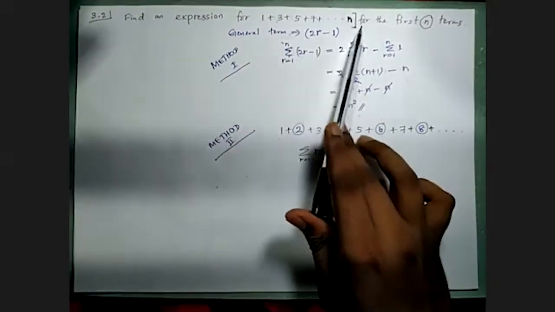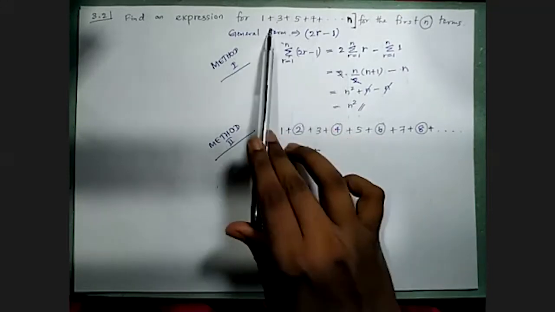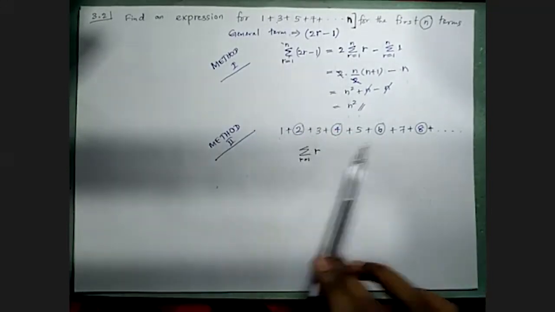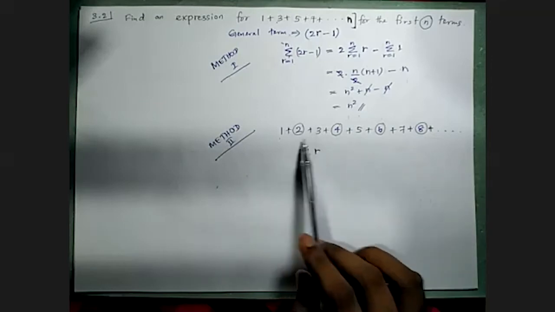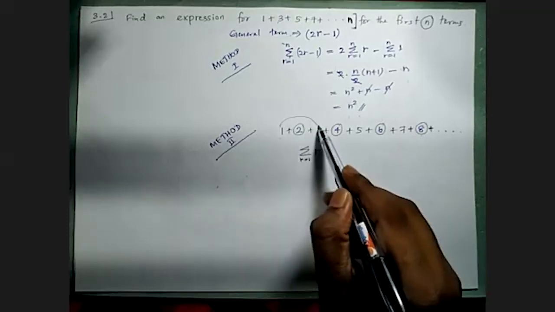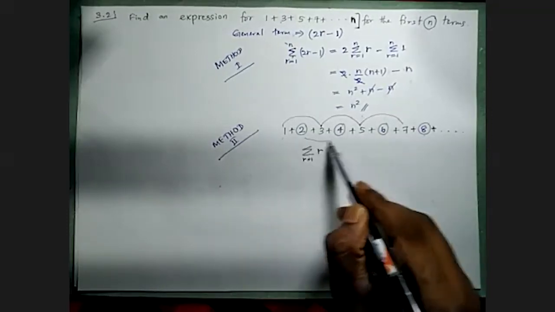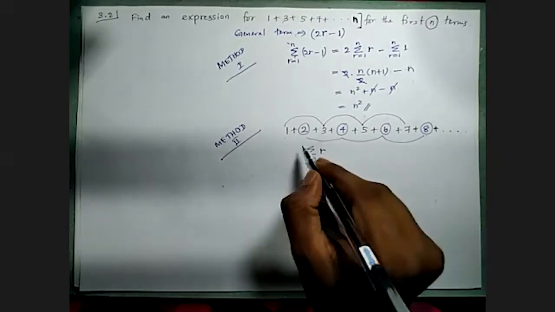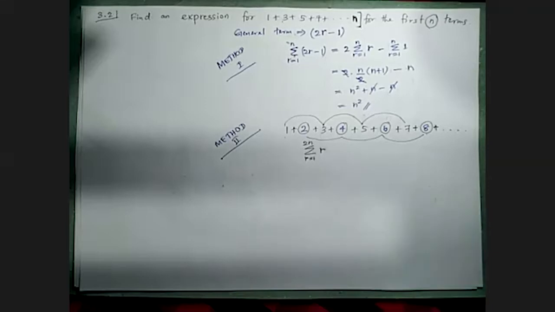Here we had n number of terms. When I fill these missing numbers in the middle, we get another series having n number of terms. Then altogether we have 2n terms.